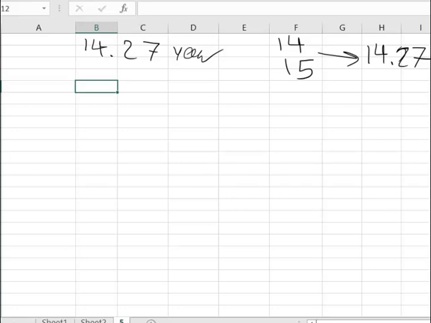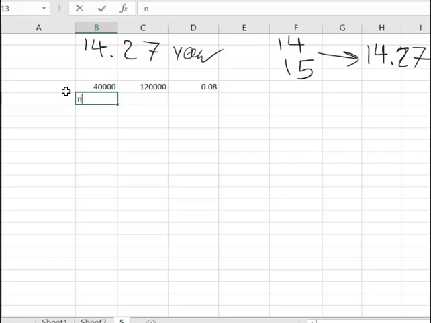And in our case, we had $40,000 on one side, and on the other side we had $120,000. Now we want to see what is the exact number of periods that at the interest rate of 8% makes these two things equal.